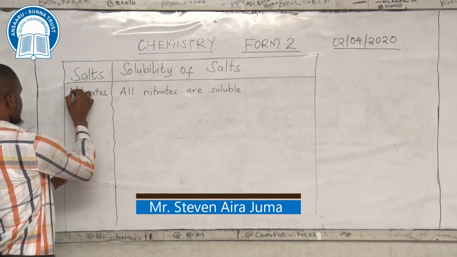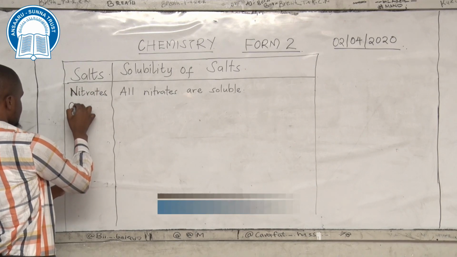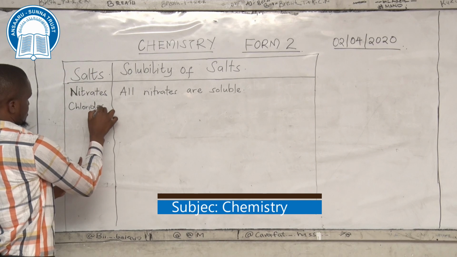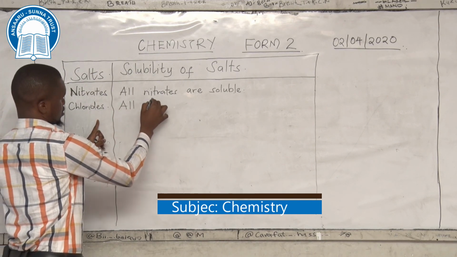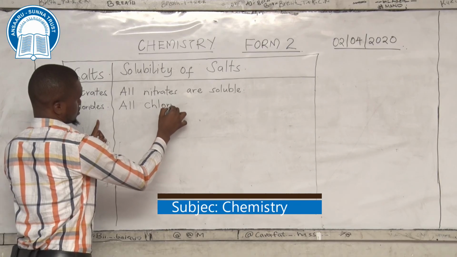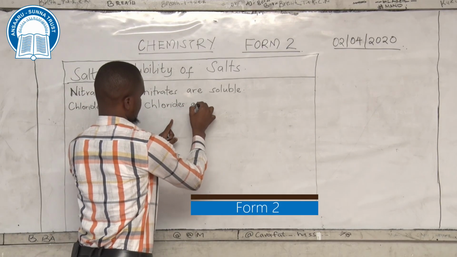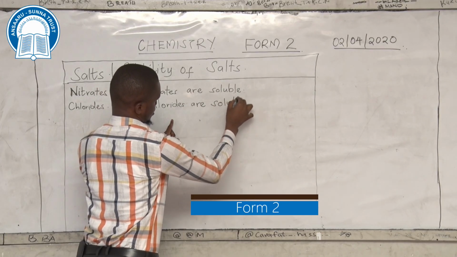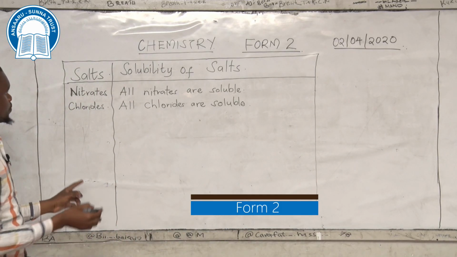The second category of salts we're going to discuss are chlorides. Again, all chlorides are soluble.